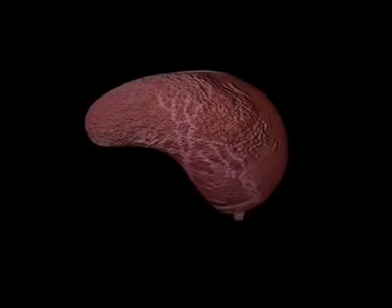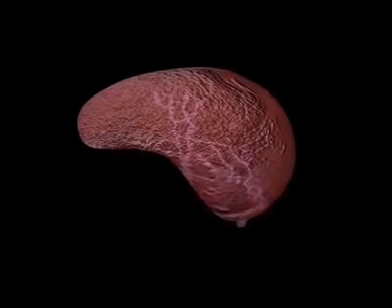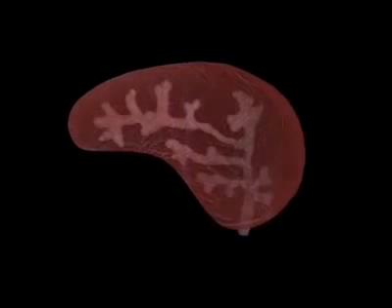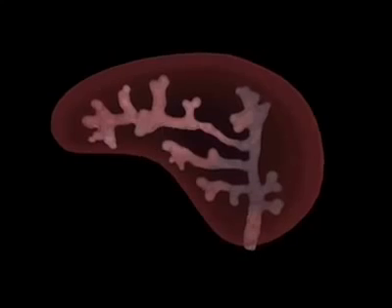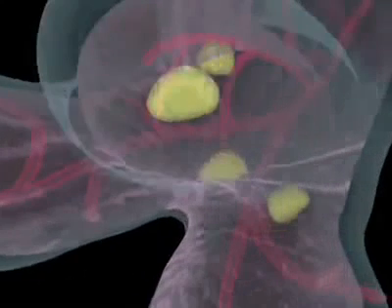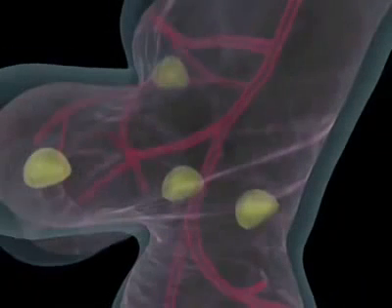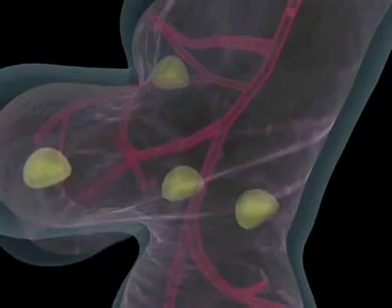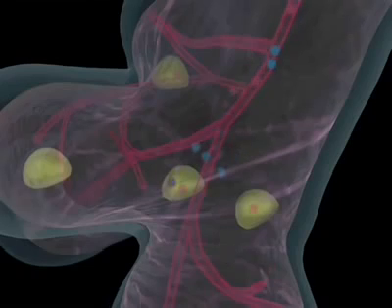The spleen is organized into areas of red pulp that surround the white pulp, which encases small arterioles. The white pulp contains the lymphocytes, the B-cell areas, and T-cell areas. The lymphocytes come in through the blood vessels and distribute themselves into the areas of white pulp, or the periarteriolar lymphatic sheath.